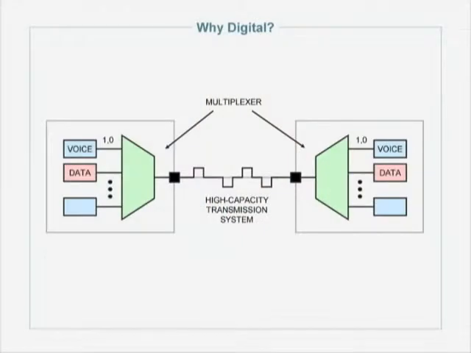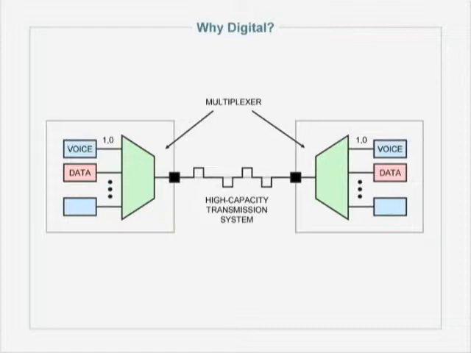The idea is that some company like AT&T is going to buy a fiber optic based transmission system from some company like Alcatel or Nortel that's capable of moving an enormous number of bits per second from A to B. Then they're going to buy multiplexers of one kind or another, and there are a couple of ways of doing multiplexing.